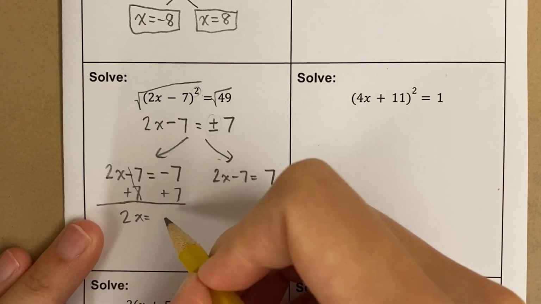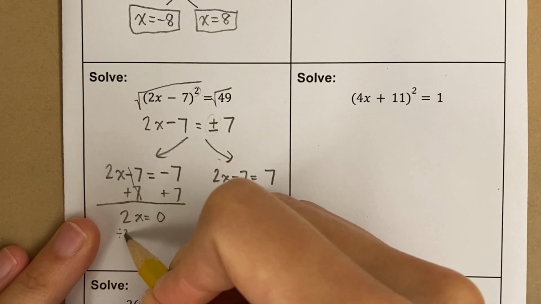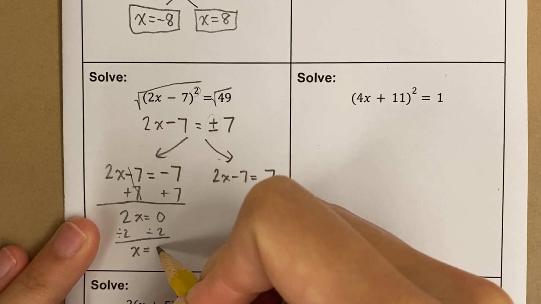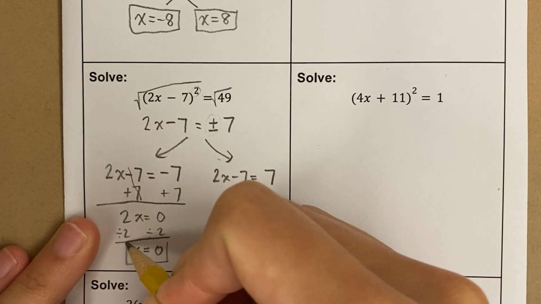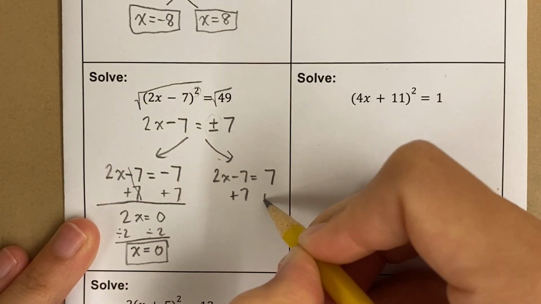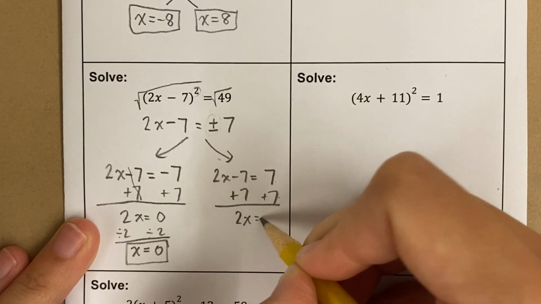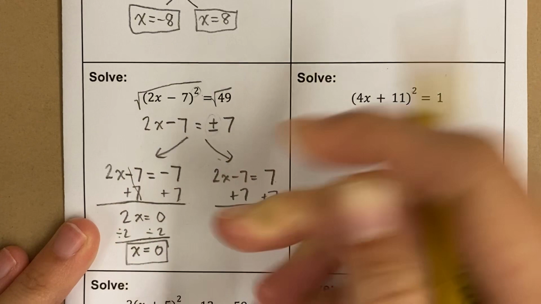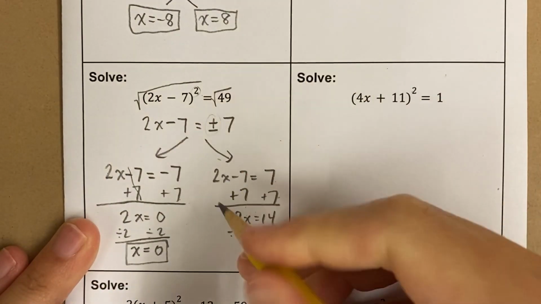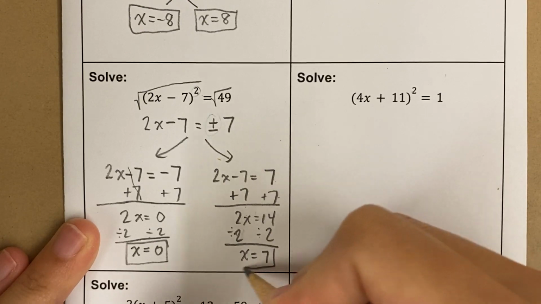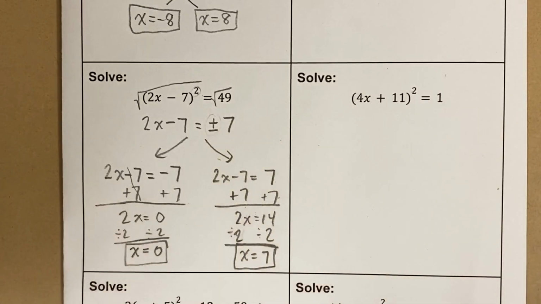Negative 7 plus 7 is 0. 0 divided by 2 is 0. So that's one possibility. Here, when I add 7, because it's positive 7 plus 7, it's 14. And when I divide by 2, I get x equals 7. So my possibilities are x equals 0 and x equals 7.